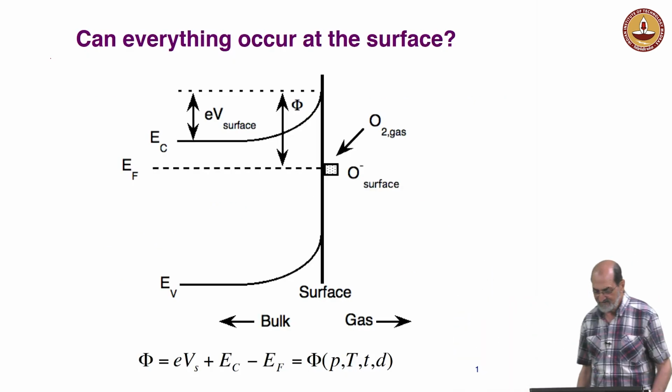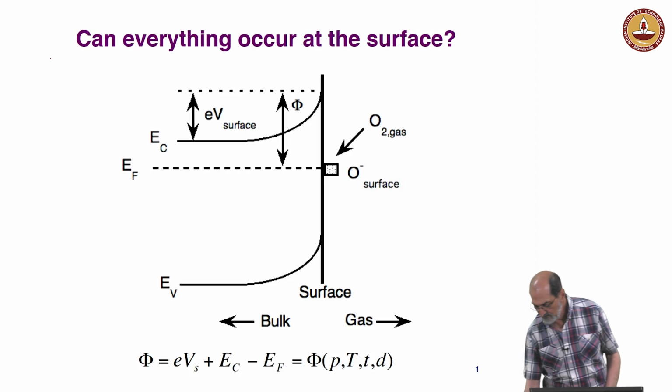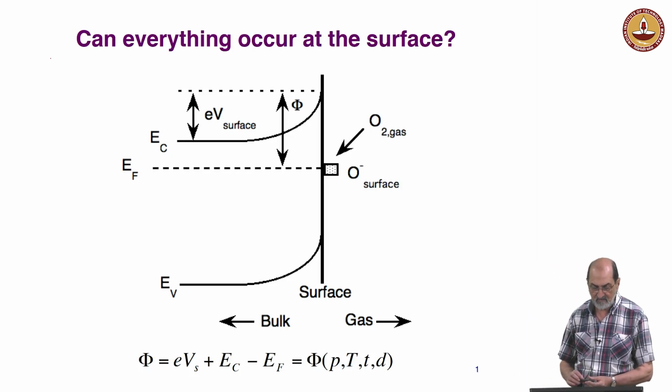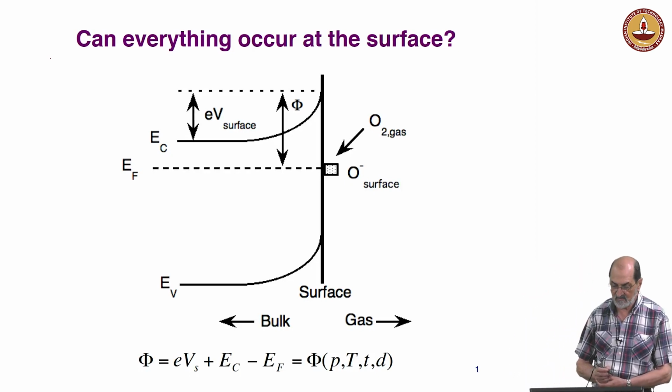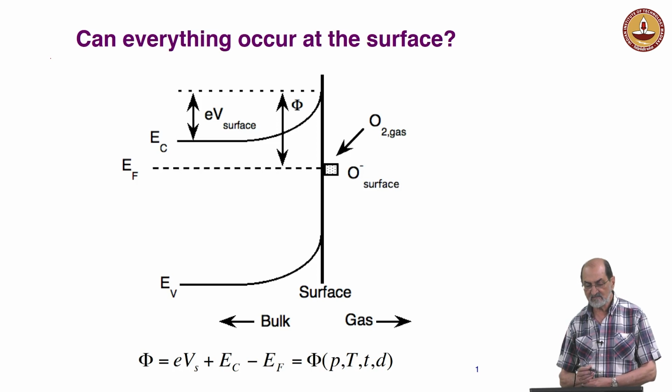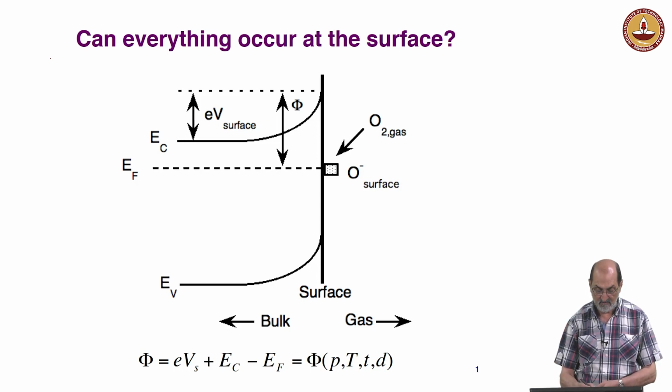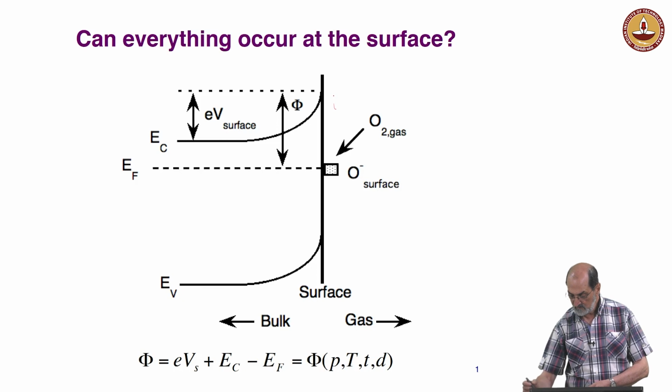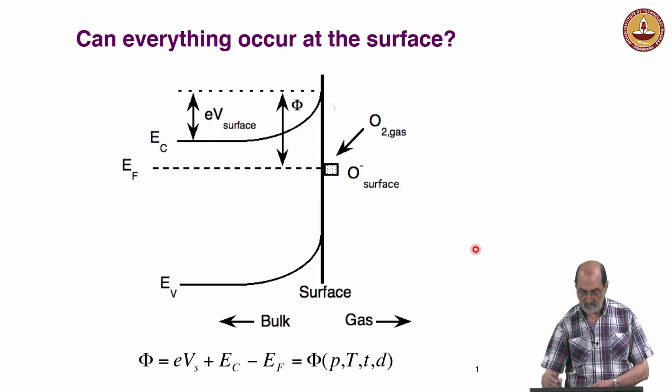Okay, thank you. So we go back to our picture that I have shown many times. Can everything occur at the surface? Well, apparently not. People say that all we observe are changes just in the height of the barrier.